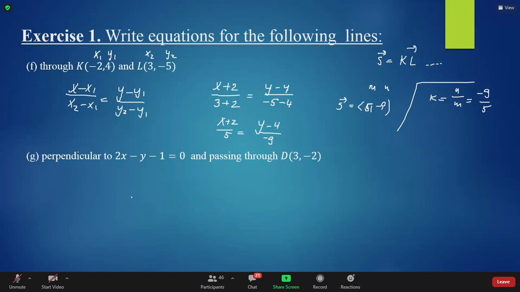I would say write whatever equation you can, and then if necessary, you can change it. You can change this even by cross multiplication. The cross products, the diagonal products are equal, and simplify from there.